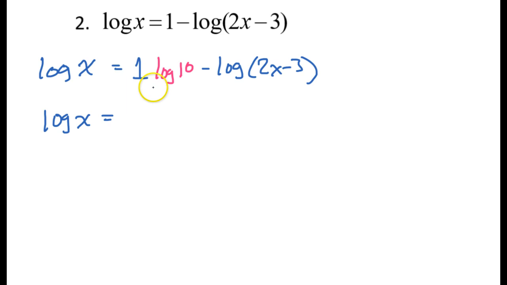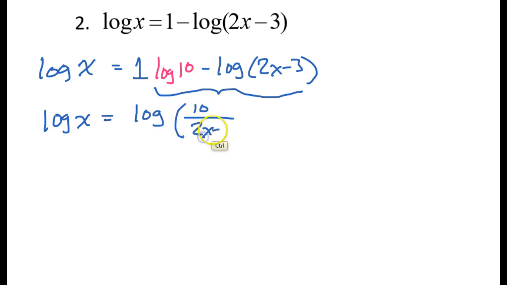So what I am going to do is use the product rule, which says, no, I see the minus sign. This will actually be the quotient rule, which says if you have the difference of two logs, subtraction, this will condense down to a single log of division. So I'm going to have log of 10 divided by 2x minus 3.